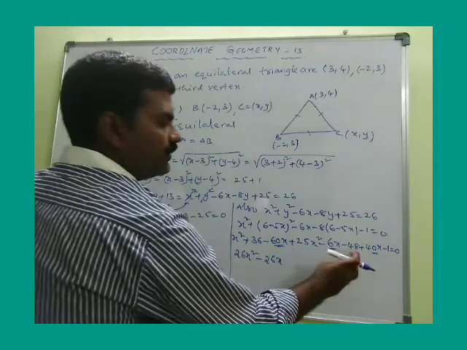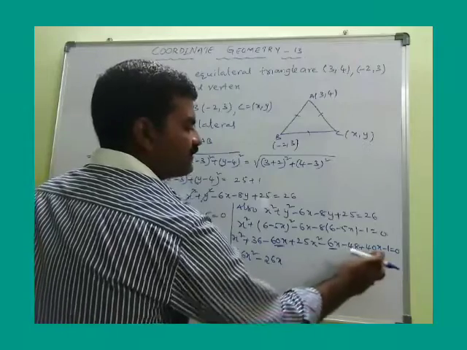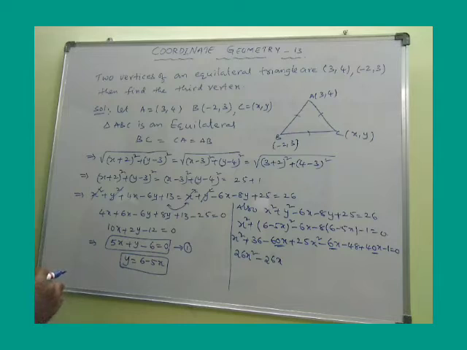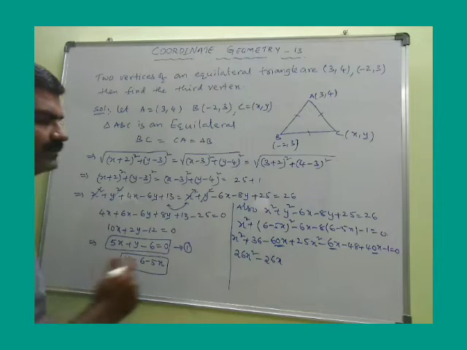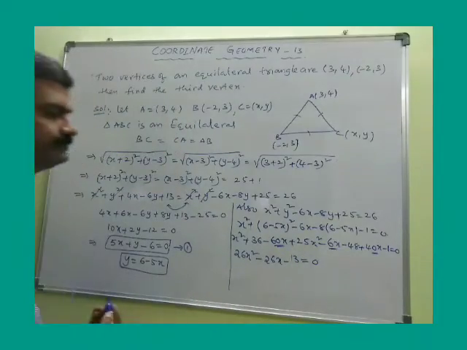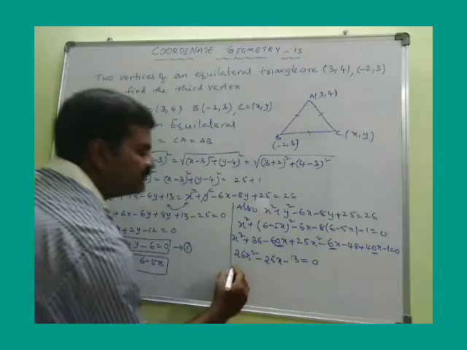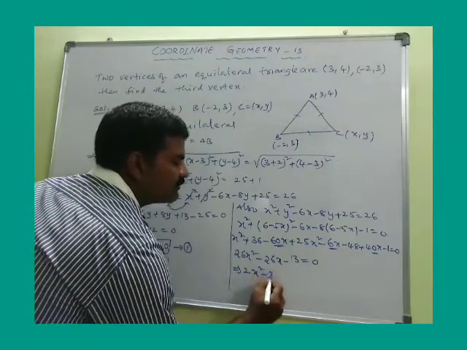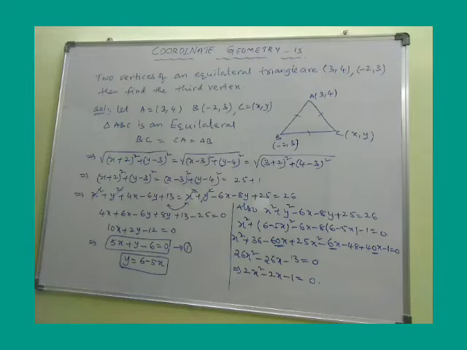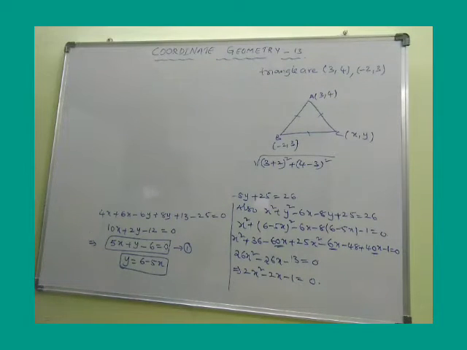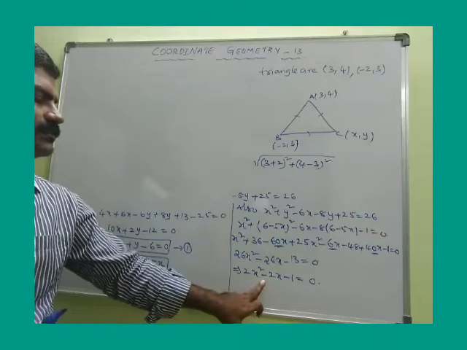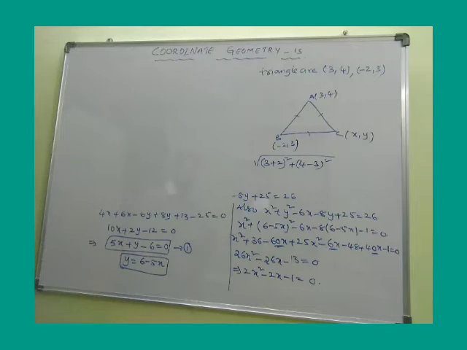Now minus 48 minus 1, which is minus 49, minus 49 plus 36, which is minus 13, is equal to 0. So you can cancel 13, that is 2x square minus 2x minus 1 is equal to 0. So after dividing by 2, we are getting 2x square minus 2x minus 1 is equal to 0.